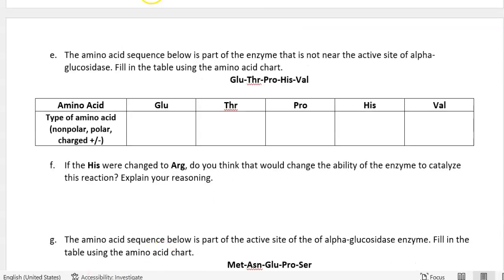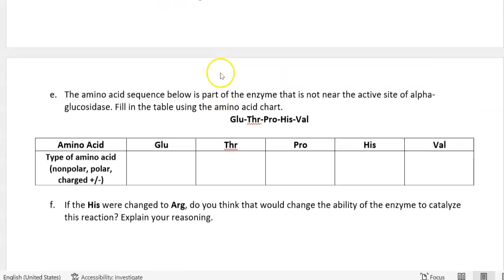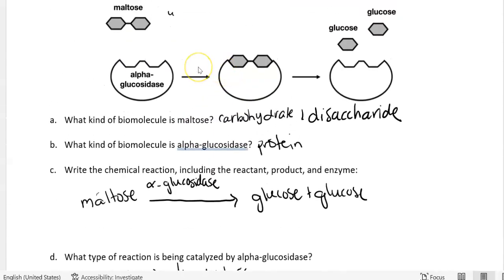For E, it tells us the amino acid sequence below is part of the enzyme that is not near the active site of alpha-glucosidase. So not near this part right here. Not here, somewhere maybe over here.